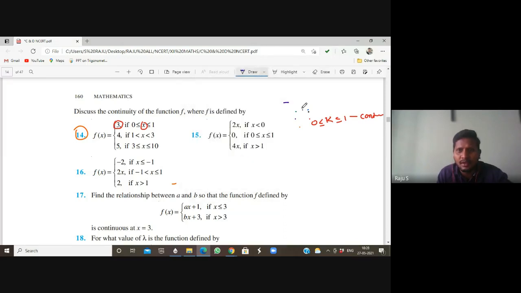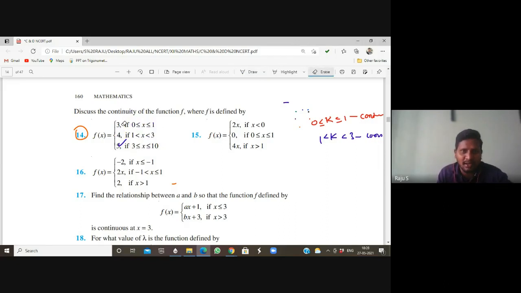The second condition: K lies from 1 to 3, 1 lesser than K lesser than 3, continuous. Individually 0 to 1 is 3, continuous; 1 to 3, continuous; 3 to 10, continuous. But at exactly 1, not continuous. At exactly 3, alone not continuous.